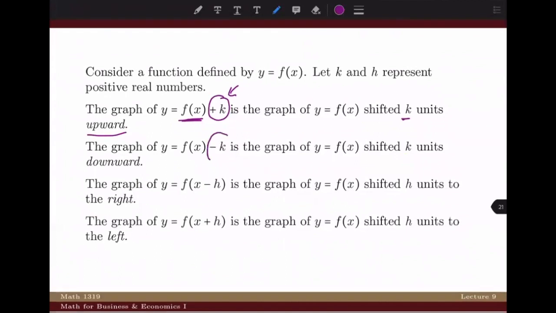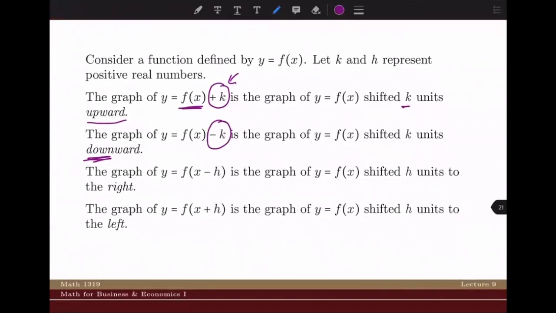Similarly, when we subtract a number, we're moving down. When the number is inside the parentheses, so x minus h, we're shifting to the right, and x plus h, we're shifting to the left. So stuff outside of the f of x goes up and down, and stuff inside goes left and right.